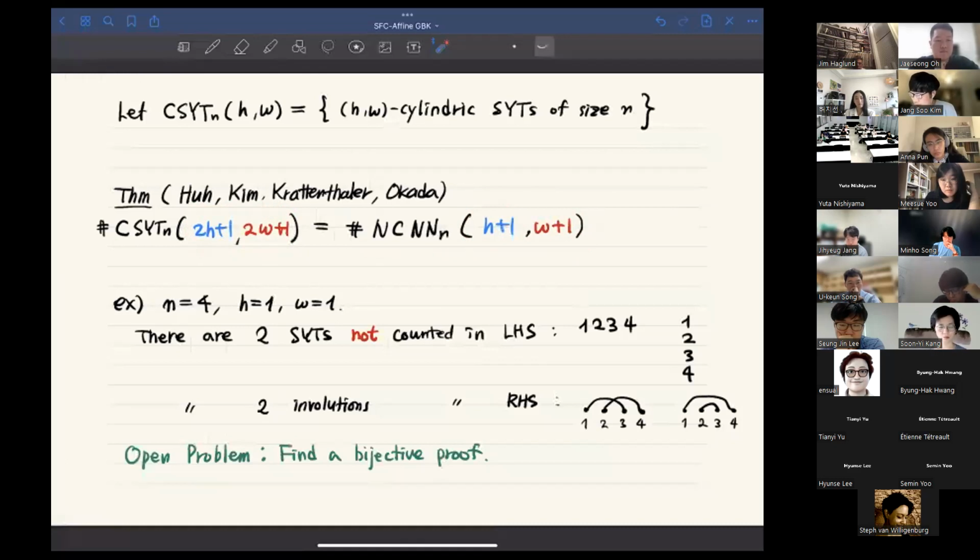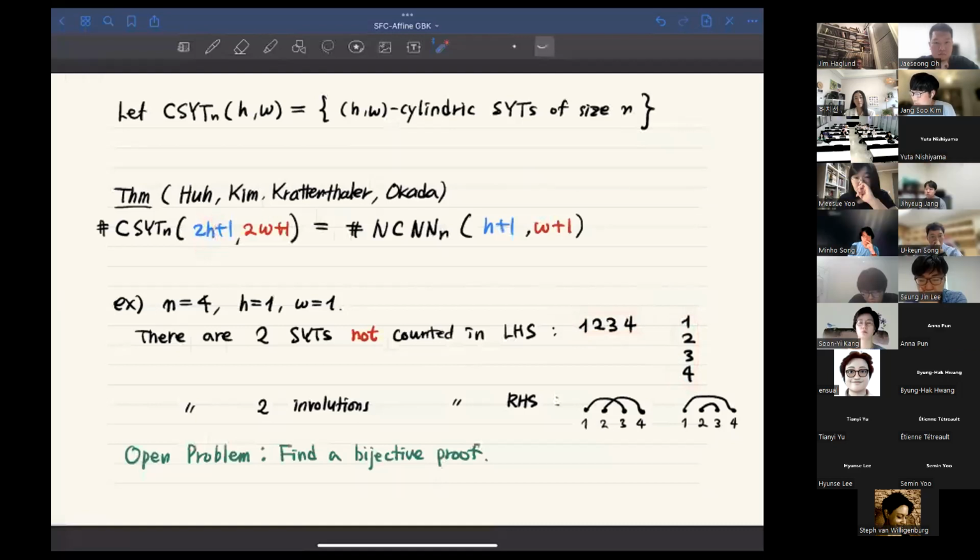For example, if n equals 4 and h and w both equal 1, then let's count both sets, or let's count those that are not cylindric or not non-crossing non-nesting. For example, here, there are two standard Young tableaux not counted by this set, namely this one and this one. Because if h equals 1, this is 3, so the height must be, you know the idea, right?